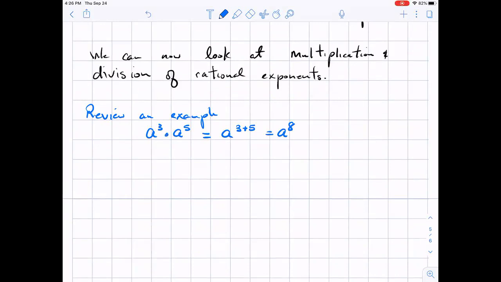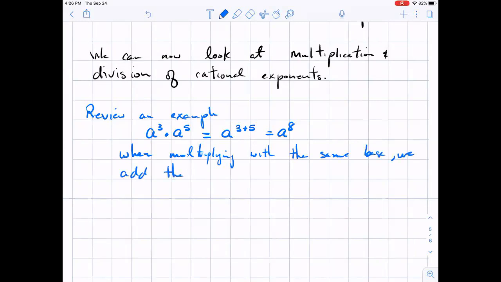When we're multiplying with the same base, we add the powers. That's the rule. We add the exponents. So that's generally what we do.